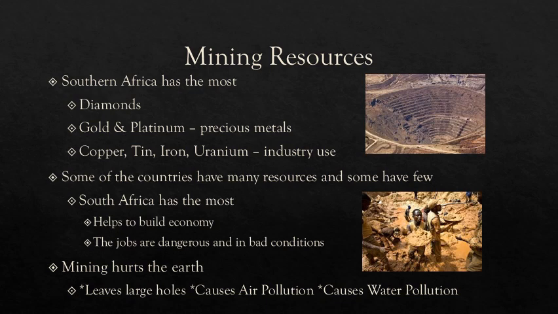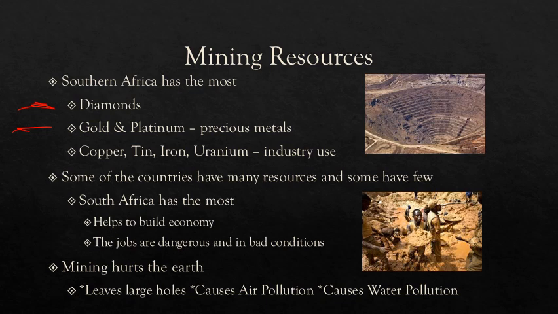And so we'll take some time to talk about that mining that happens in Africa, South and East Africa especially. South Africa, the southern part, has the most of all of these resources. Okay, and some of the resources, I've got a long list here, and I think you have to write them all in your notes, 1 through 7. Okay, but precious gemstones like diamonds are found in the region, as well as precious metals such as gold and platinum.